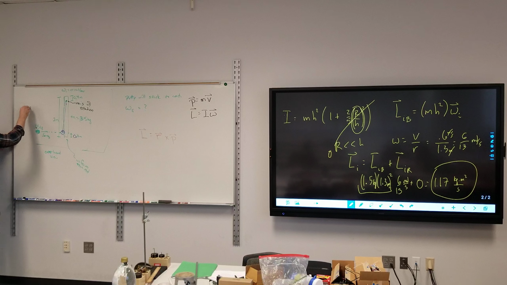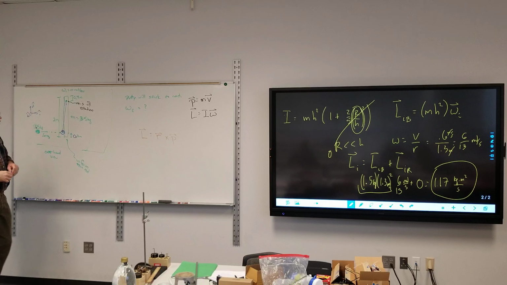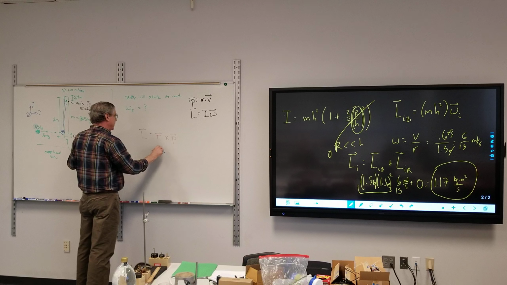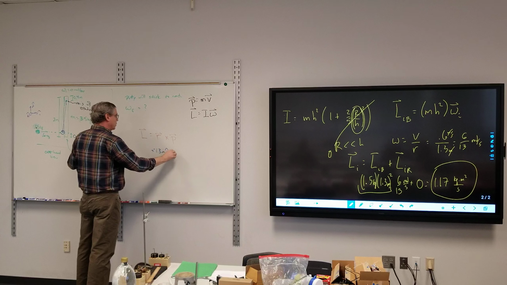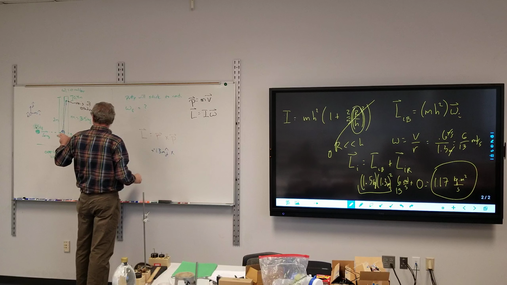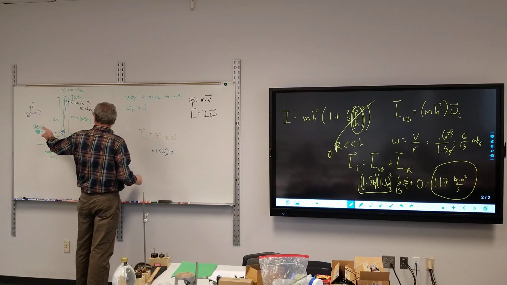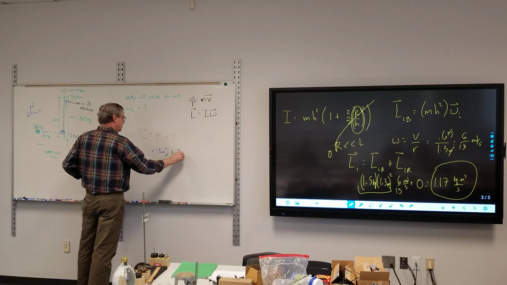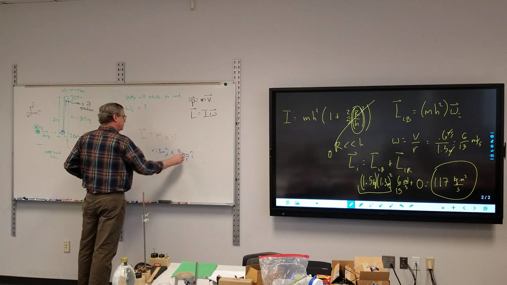If I set up an I hat, J hat, K hat, my radial unit vector would be 1.3 meters negative J hat, cross my momentum, which is 1.5 times 0.6, that's 0.9 kilogram meter per second I hat.